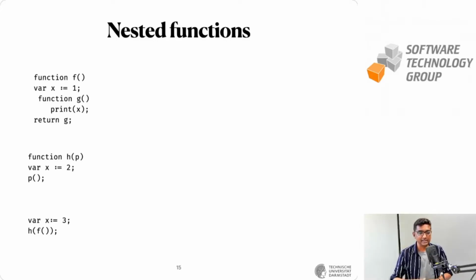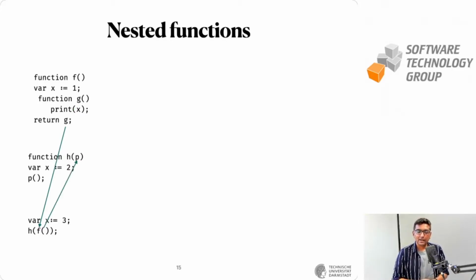So finally, in the main block, we have a variable x, which is assigned to 3, and h is invoked with f. So what p refers to depends on how h is invoked. We know from before that f simply returns g, which means g is what is bound to f when h is being called, and this is what p refers to.